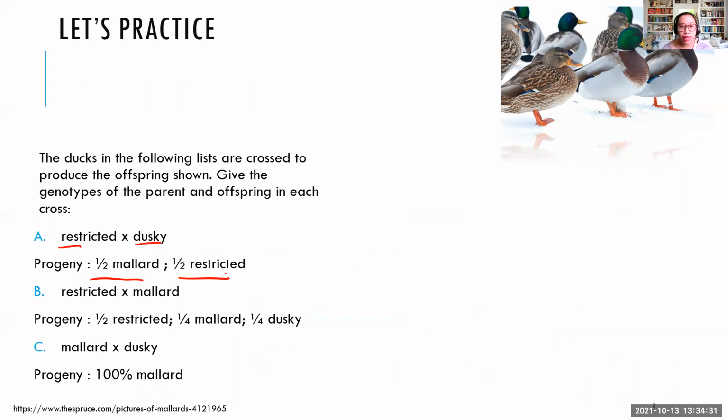Since I already solved this in advanced class, for the restricted and the dusky to produce one half mallard and one half restricted, you should have a gene for the mallard. Because you have a restricted duck, you have to have a mallard gene, and then you cross that with a dusky.